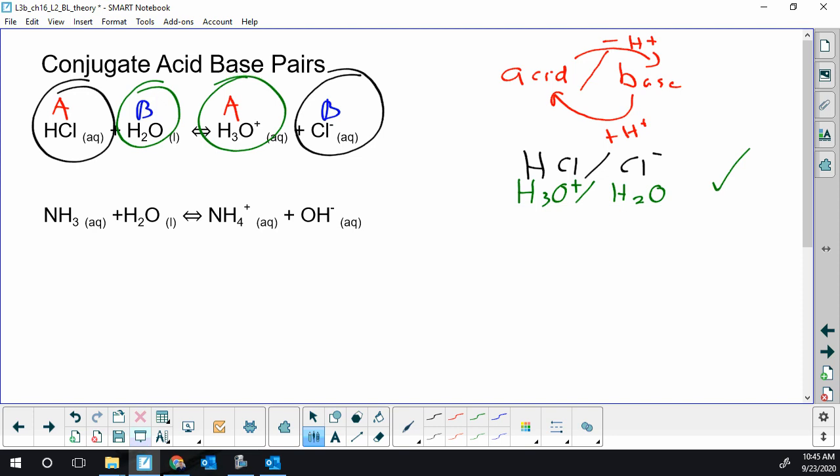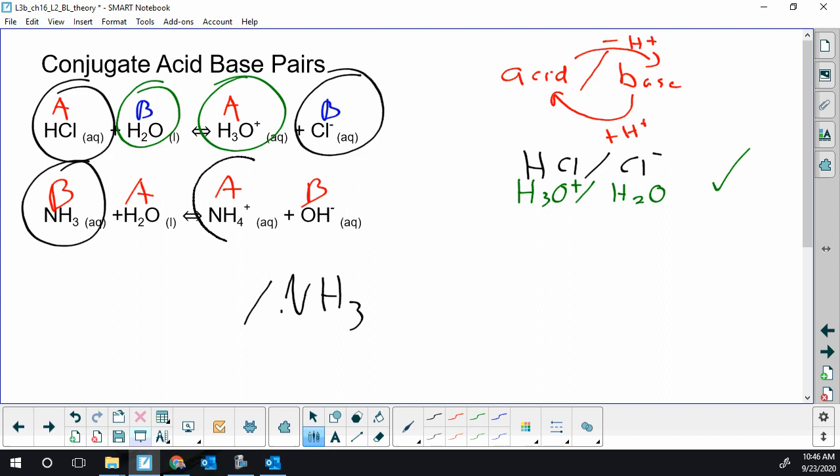Okay? Second example, okay? I'm going to label again. We've got base, acid, acid, base. It's the same as before. It's this exact same example, so I'm not going through why. I'll start with the first one. We've got ammonia. Now that's a base, so I'm going to put that second. What's its corresponding acid?